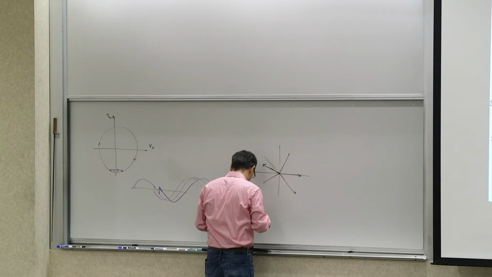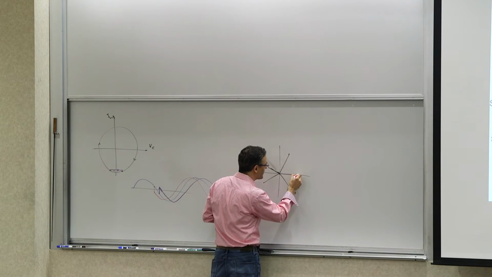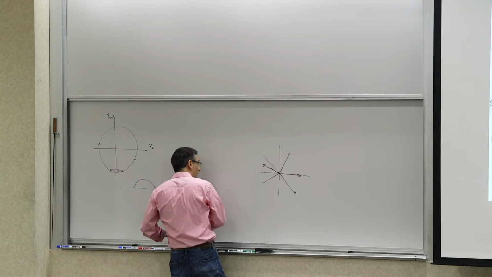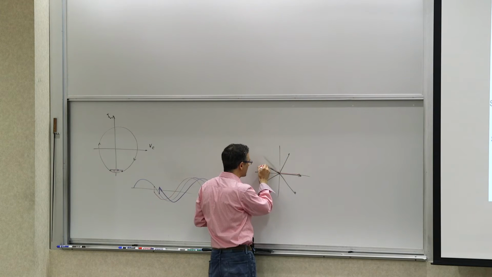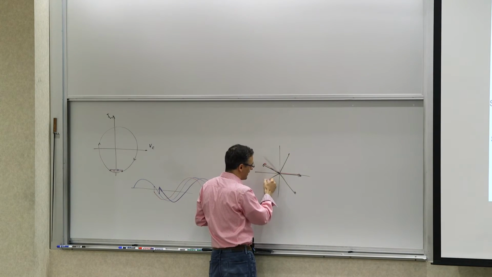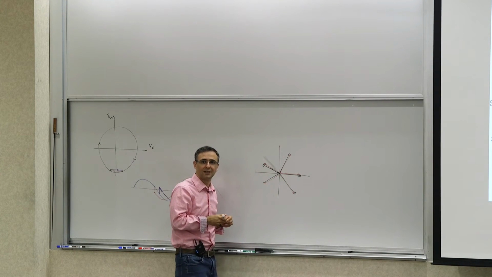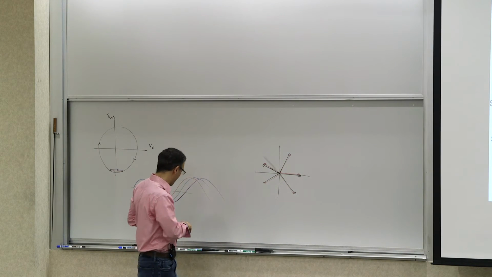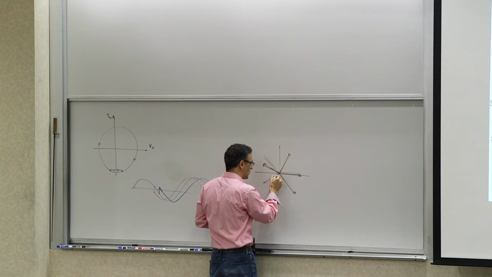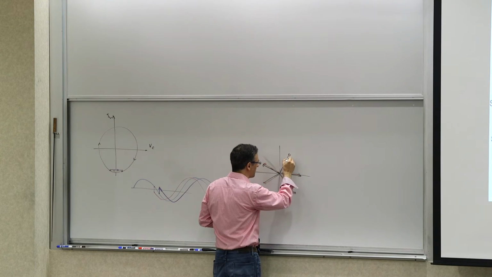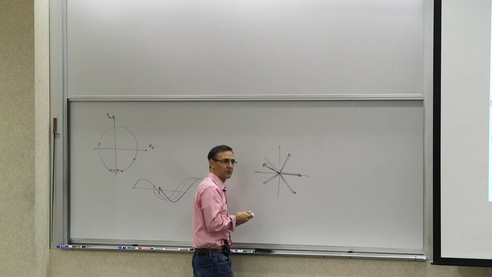So let's keep this as the fundamental. Let's say the second harmonic. For the second harmonic, for the first stage, it is here, right? The phase is doubled because it's the second harmonic. This is the second one. Then you double the phase, third, fourth, and fifth. So you cancel. For the third harmonic, first one, go up 3, second one, go up 3, third one, go up 3, fourth one, go up 3, fifth one.